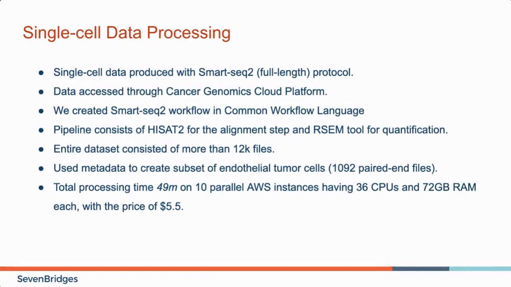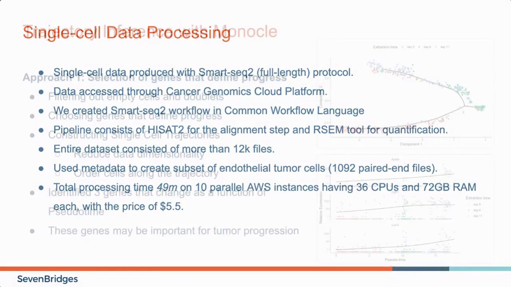The analysis was running on 10 parallel AWS instances, each having 36 CPUs and 72 gigabytes of random access memory, with total price of $5.5. Next slide, please.